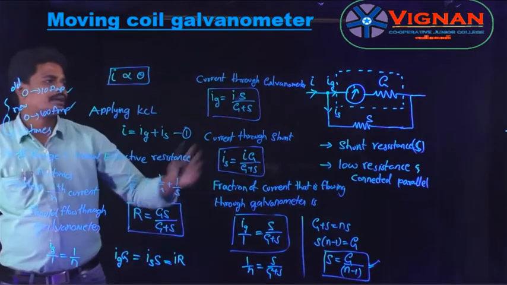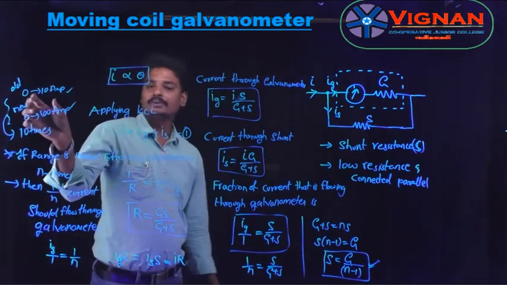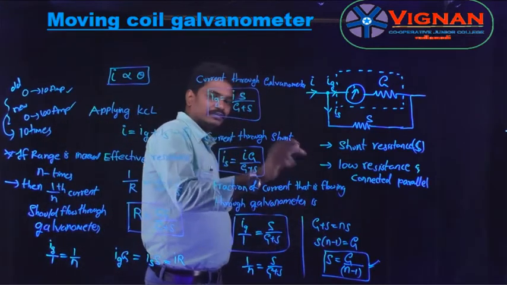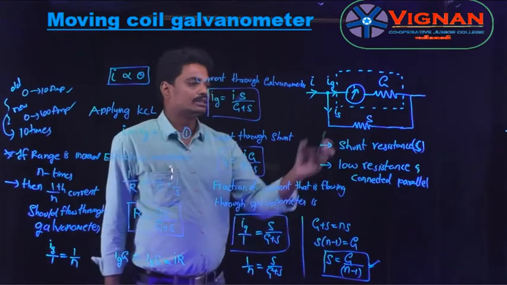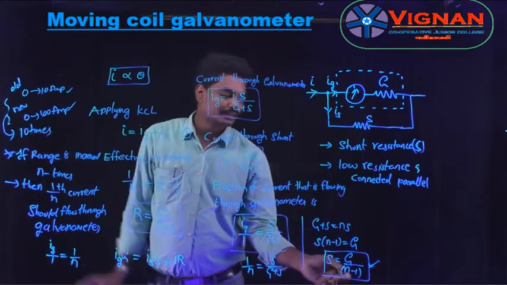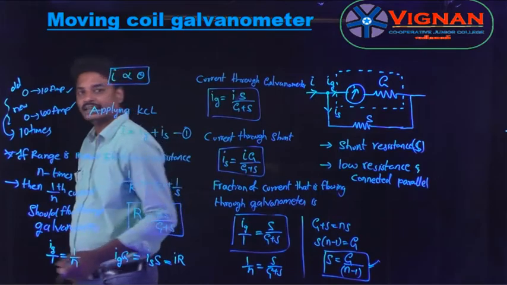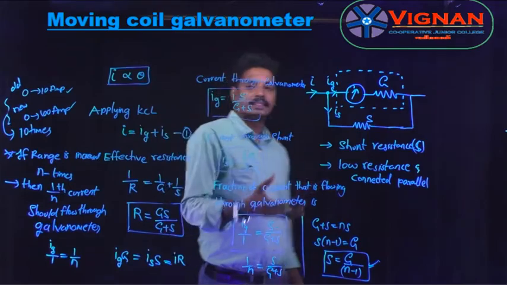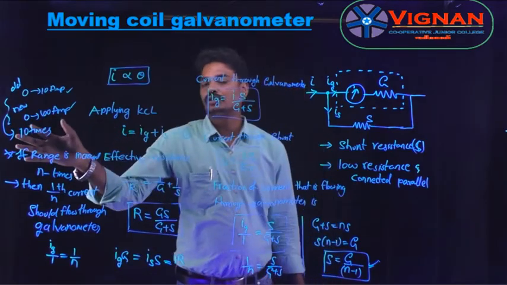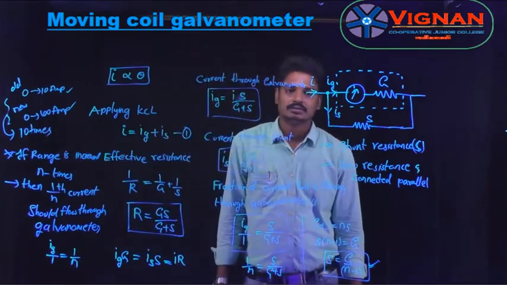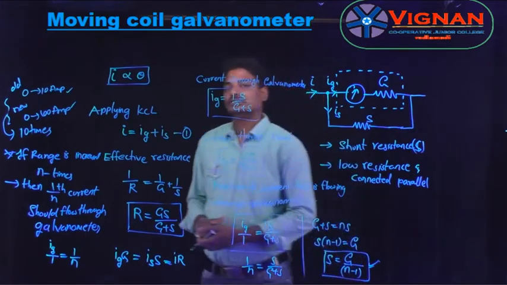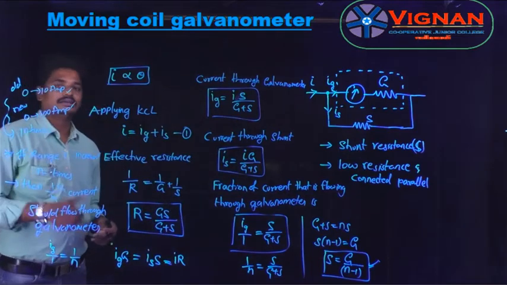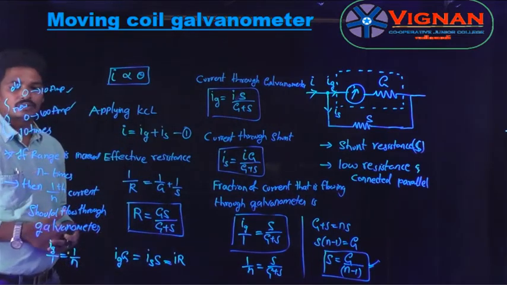As the galvanometer was initially reading from 0 to 10 amperes, by giving a shunt resistance in parallel, that is G divided by 10 minus 1, that is G by 9, the range of the galvanometer can be increased from 0 to 100 amperes. In this way we can improve the range of the galvanometer so that we can measure any large currents.